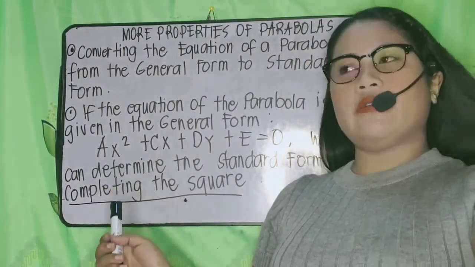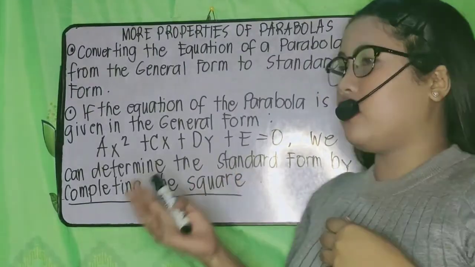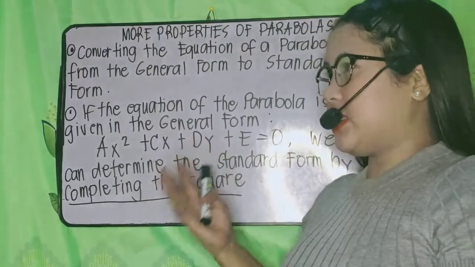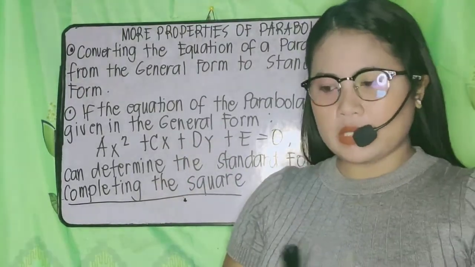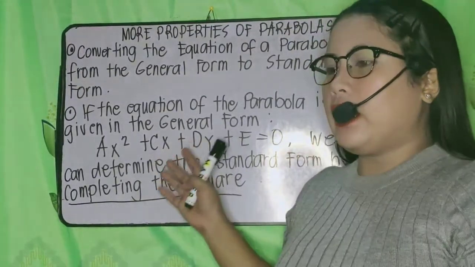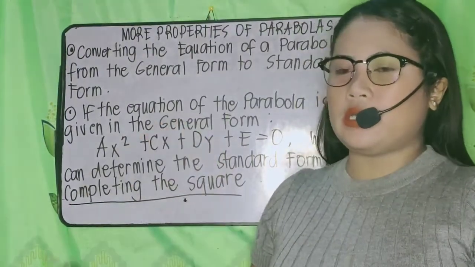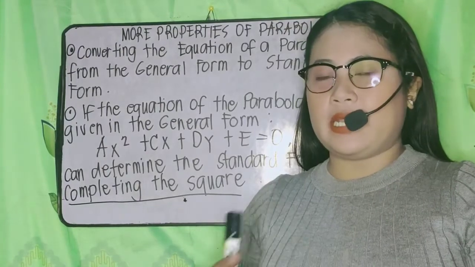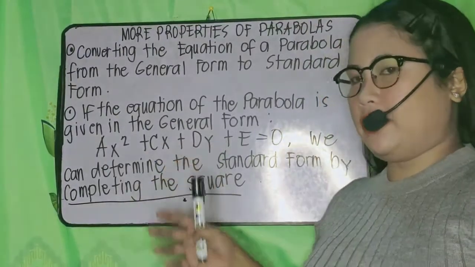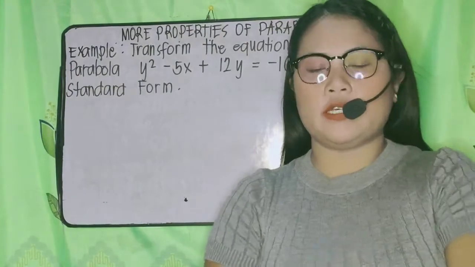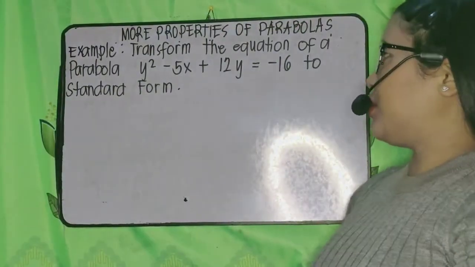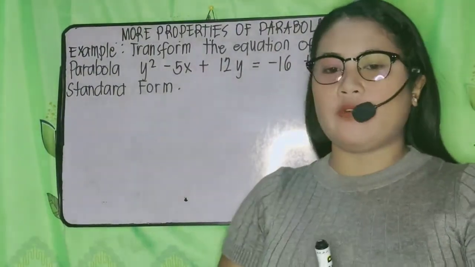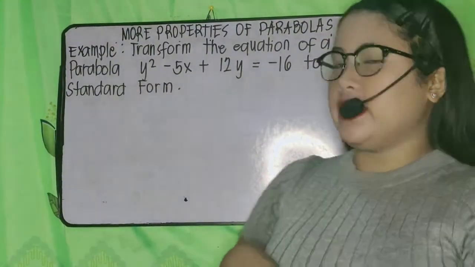We already discussed how to transform general form into standard form and vice versa by completing the square and other steps. So we're going to use those lessons from our past lesson here in our lesson for today. Okay, so let's proceed to our example number 1. Transform the equation of a parabola y squared minus 5x plus 12y equals negative 16 to standard form.